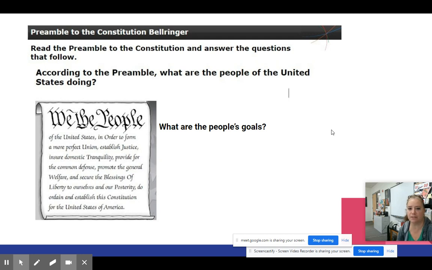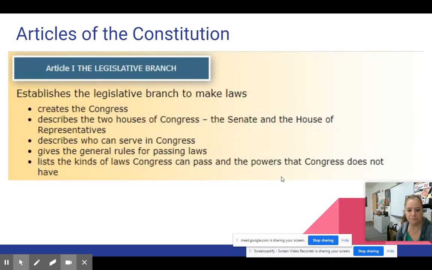And secure the blessings of liberty: we are a free people and have those freedoms and protections, and many of those are outlined in the amendments to the Constitution. So this was just that first paragraph of the Constitution of the United States that said, we're going to establish this nation for our people.